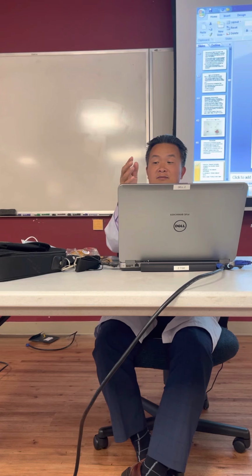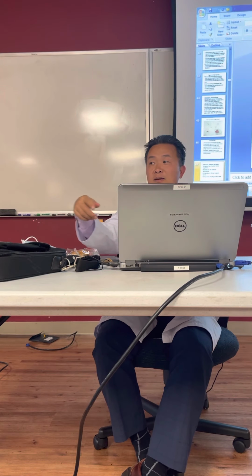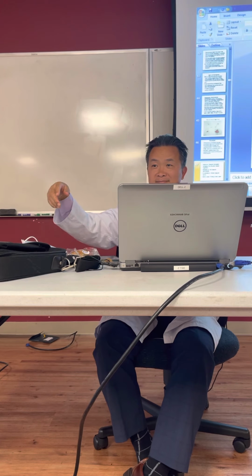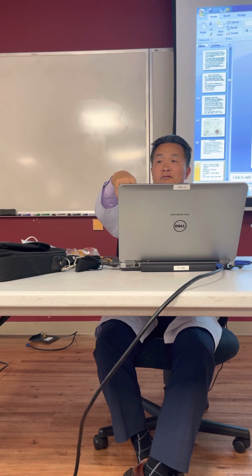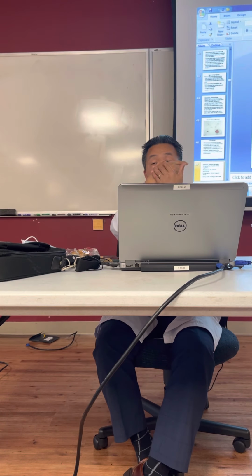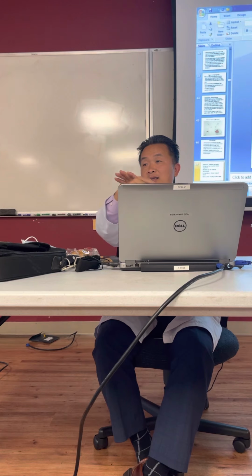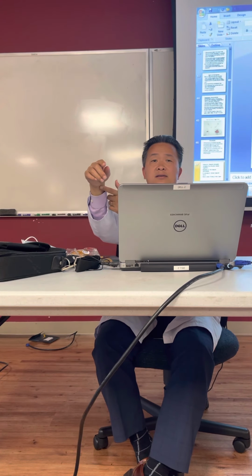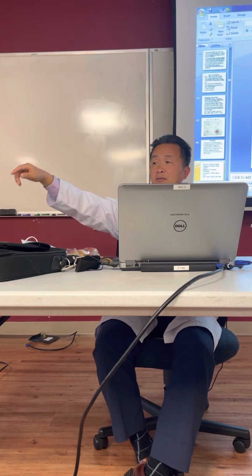But if my flexor is too strong and my extensor is too weak, my hand will be like this. If you have a person with a radial nerve injury, because the radial nerve controls the wrist extensors, this muscle becomes weak, and then my wrist flexors become overly strong, and my wrist will be like this.